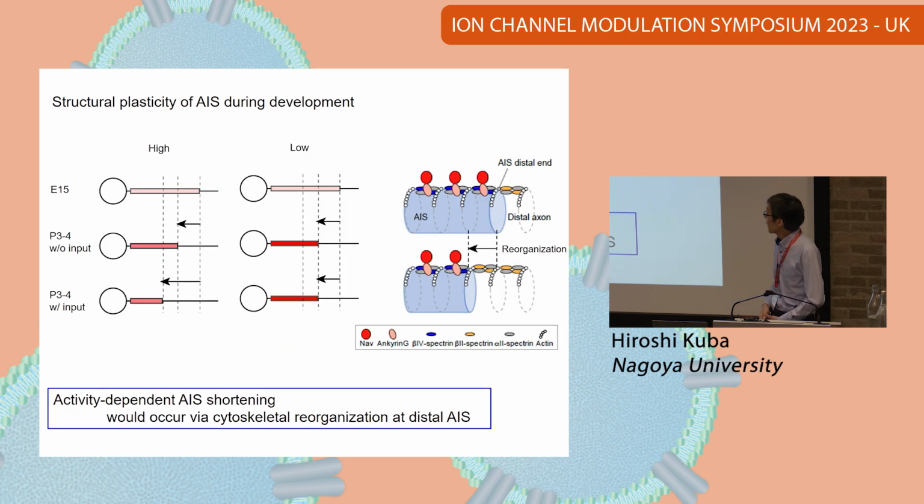This would imply that the AIS shortening occurred via reorganization of cytoskeletons at the distal AIS region rather than compression of periodic structures along the entire AIS.